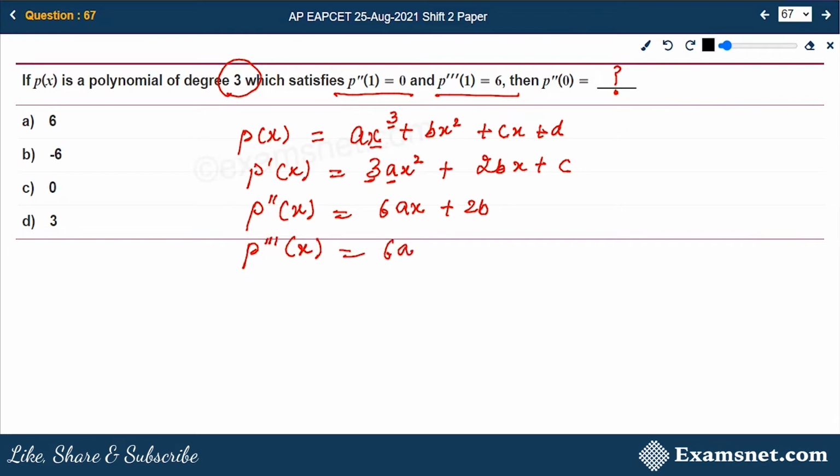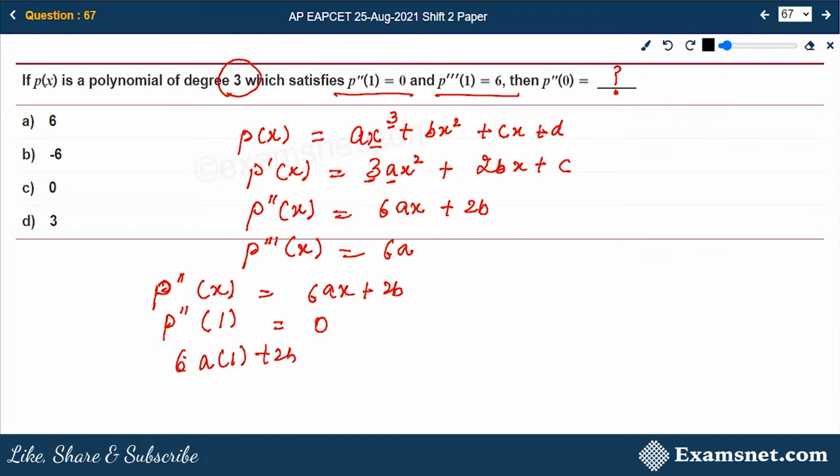Now, you are given certain things. First, the second derivative of P(x), which is 6ax plus 2b, is given to be 0 at x equal to 1. That means 6a into 1 plus 2b is equal to 0, I'll keep it just like that.